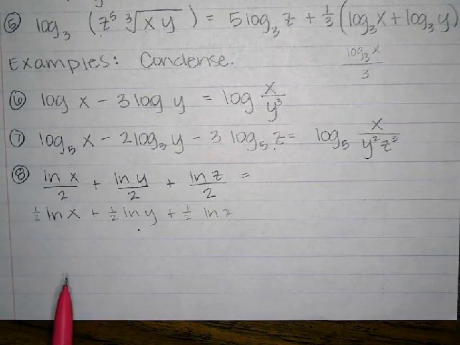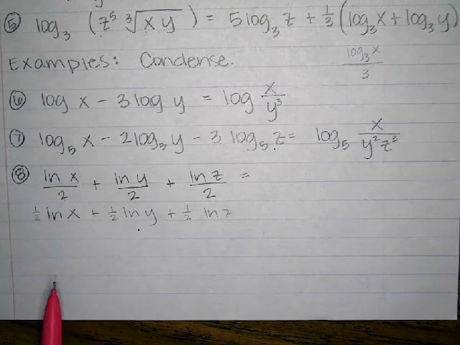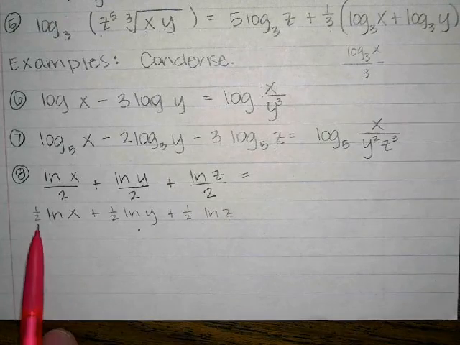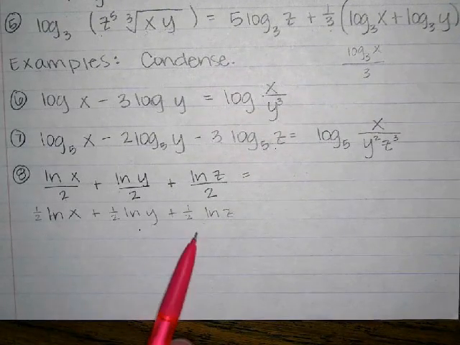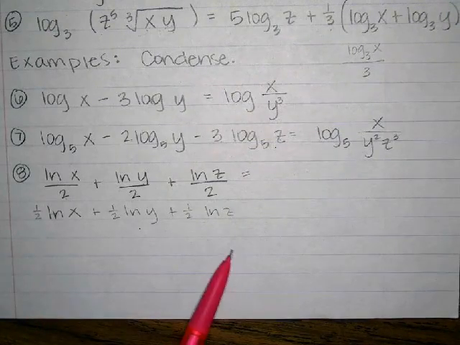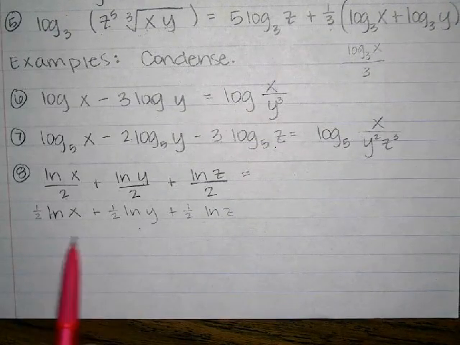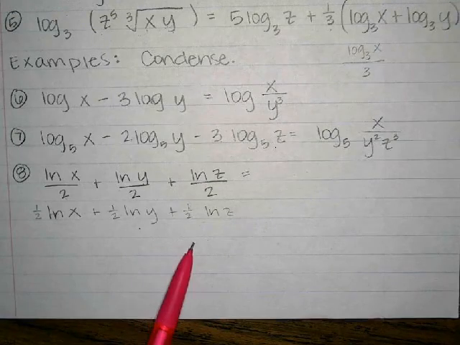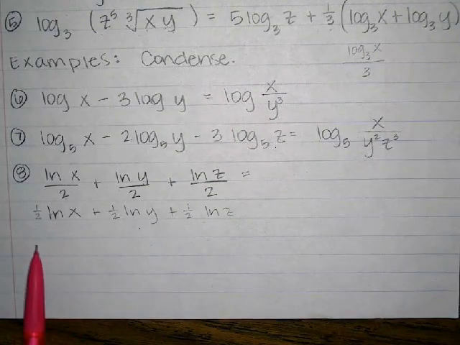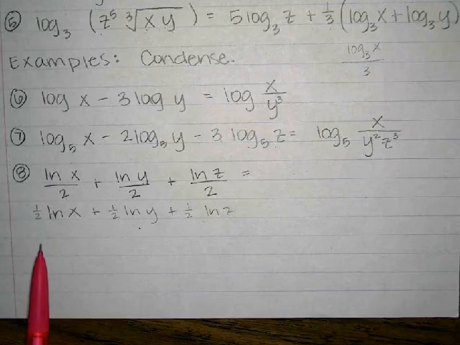So if they put a 1/2 in front of each term, what does that mean? There's a power of 1/2. What's a power of 1/2? Not a -2. It's a square root. Okay. So there's a power of 1/2, which is a square root.